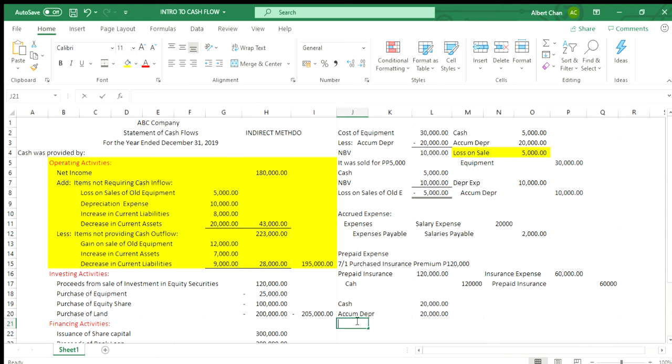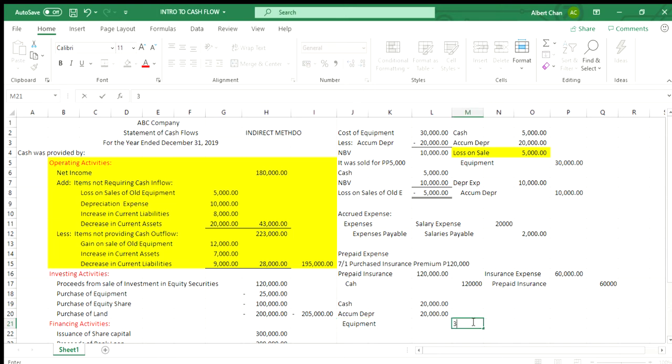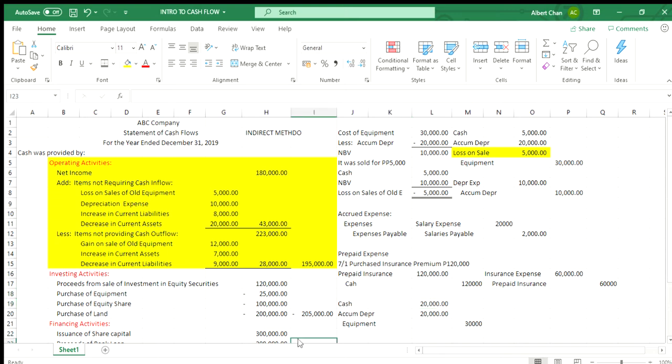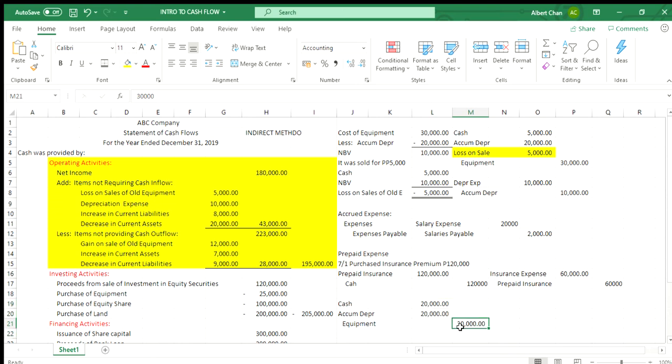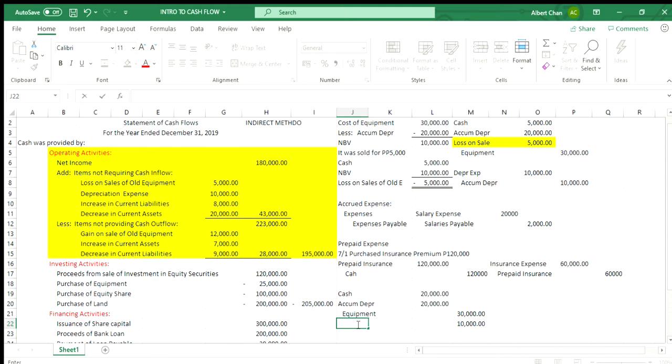Credit the equipment with a cost of 30,000. And the difference of 10,000 will be recorded as gain on sale of old equipment. So gain on sale.